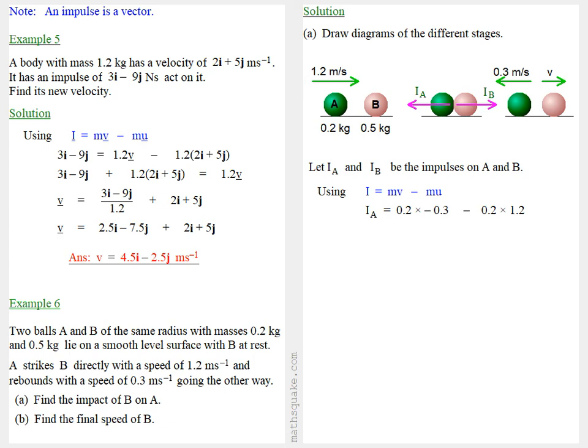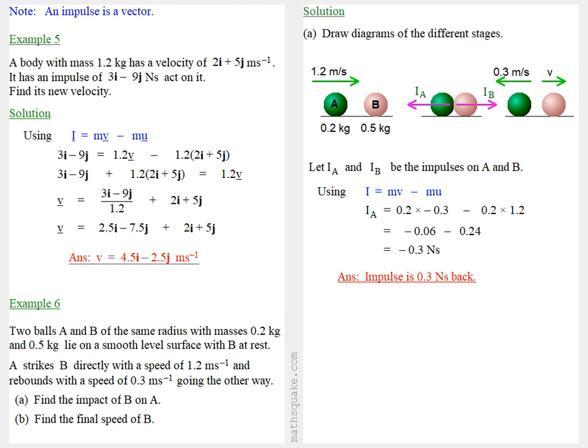So IA equals 0.2 times minus 0.3 minus 0.2 times 1.2. So that's equal to minus 0.06 minus 0.24, which adds up to minus 0.3 Newton seconds. So the impulse on A is 0.3 Newton seconds back.